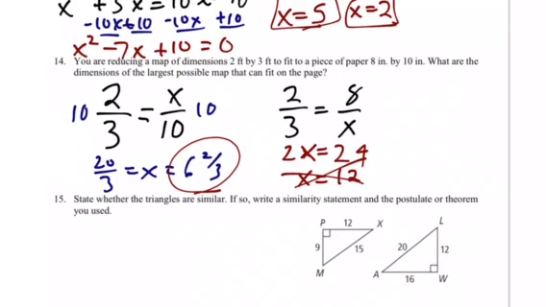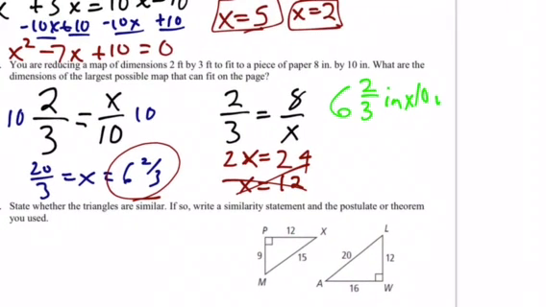And that's what they wanted to know. What are the dimensions of the largest possible map that can fit on the page? And so then really the answer would be 6 2/3 inches by 10 inches is what we're looking at.